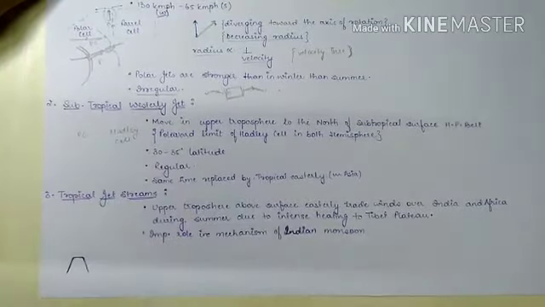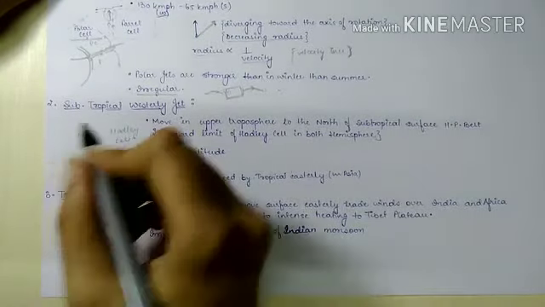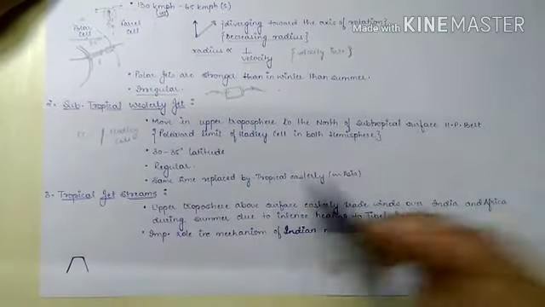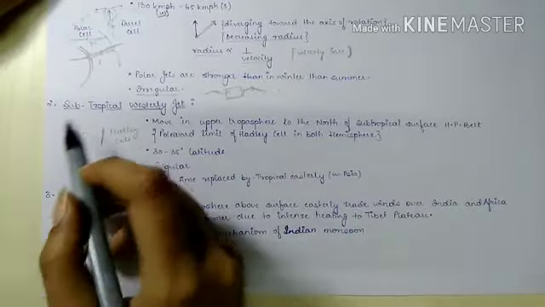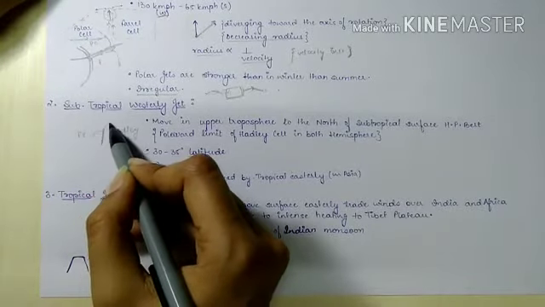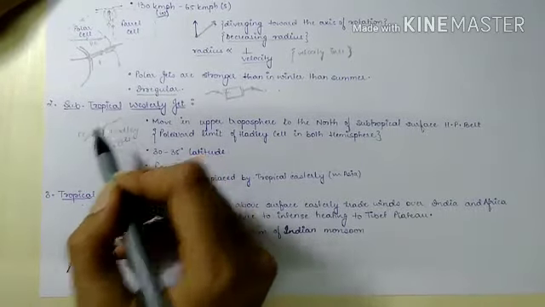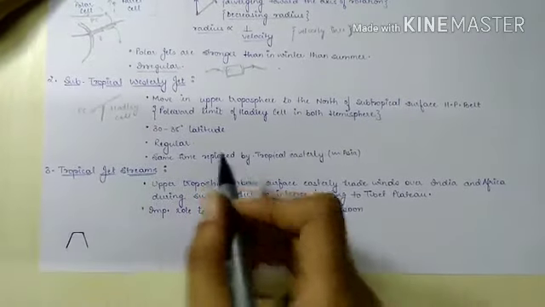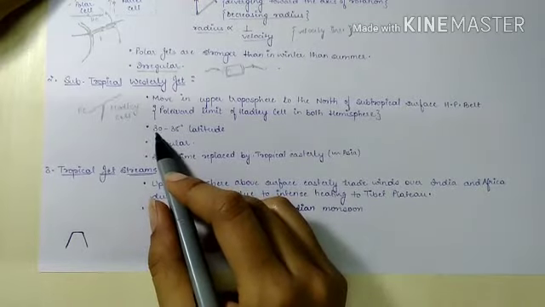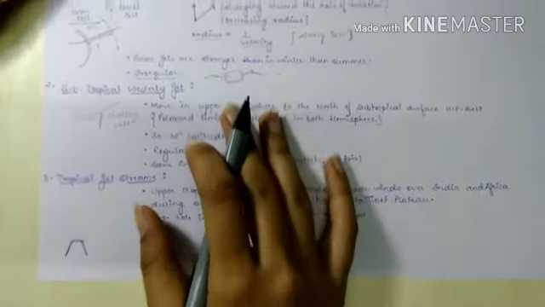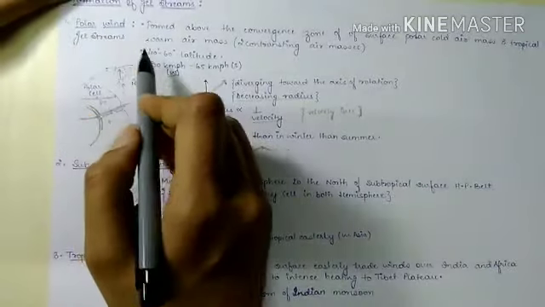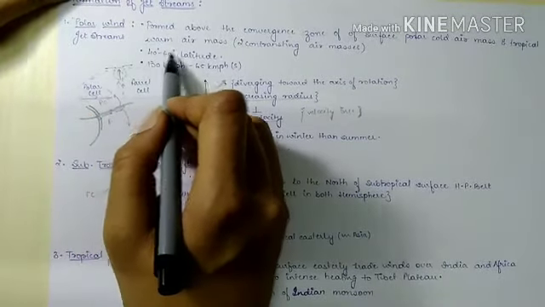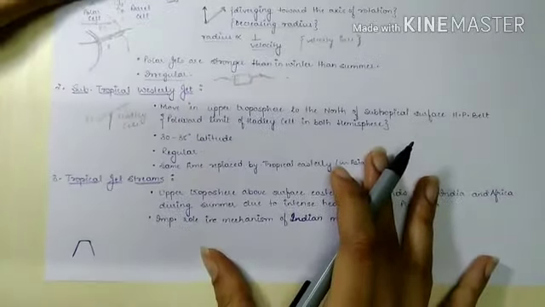Towards the poleward limit of the Hadley cell, in both hemispheres, we will have this subtropical jet stream moving in the upper troposphere. It runs in 30 to 35 degree latitude, and the polar frontal jet stream runs in 40 to 60 degree latitude, north and south.